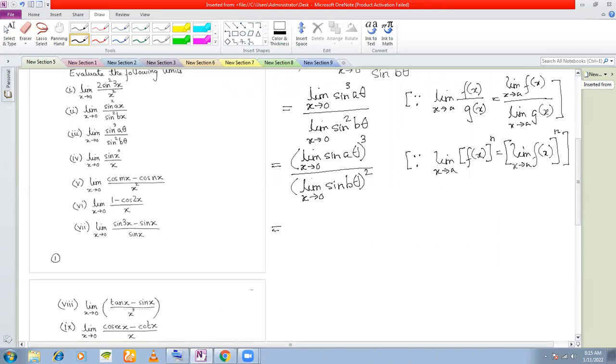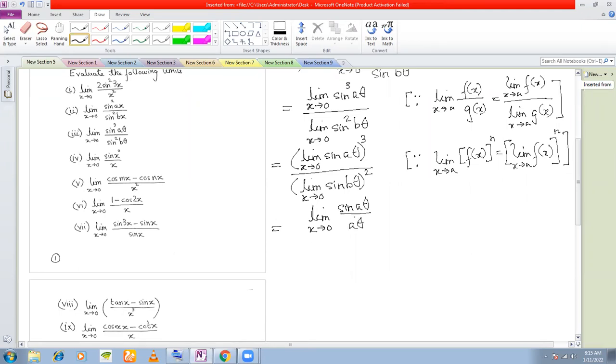Now look at the numerator. Numerator already has sine a theta, but we want to bring it to the form sine x by x. So how are we going to proceed to bring it? What we are going to do is take sine a theta in the numerator and divide by a theta, right?